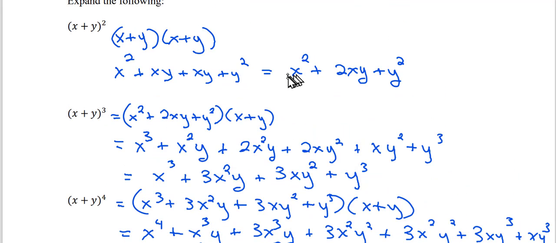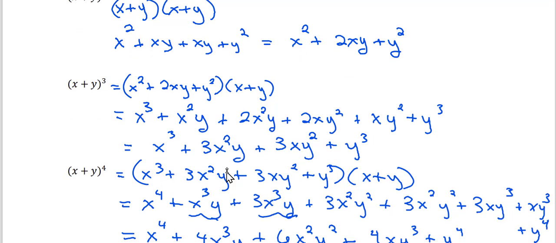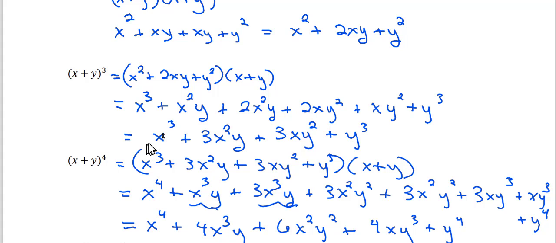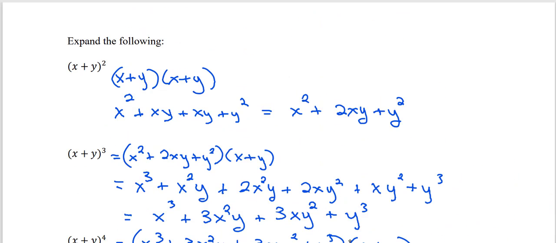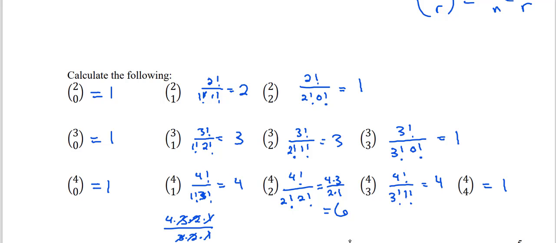Up here we got x squared plus 2xy plus y squared. Here, I'm looking at our coefficients: 1, 2, 1. 1, 3, 3, 1. 1, 4, 6, 4, 1. Wait a minute. 1, 2, 1. 1, 3, 3, 1. 1, 4, 6, 4, 1.